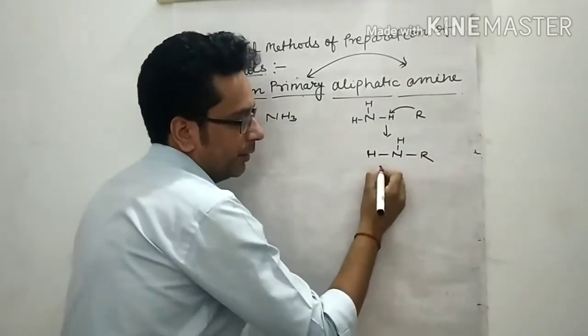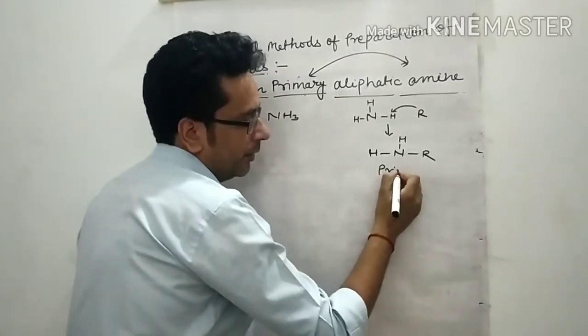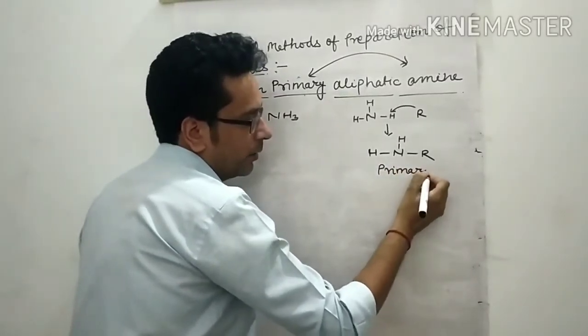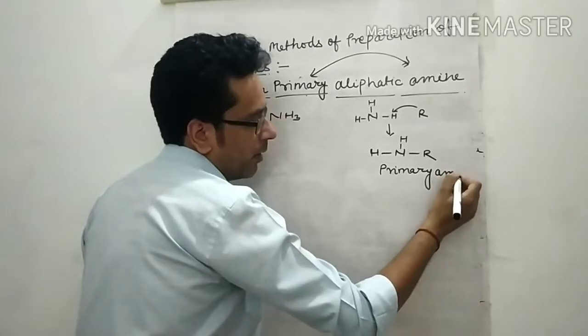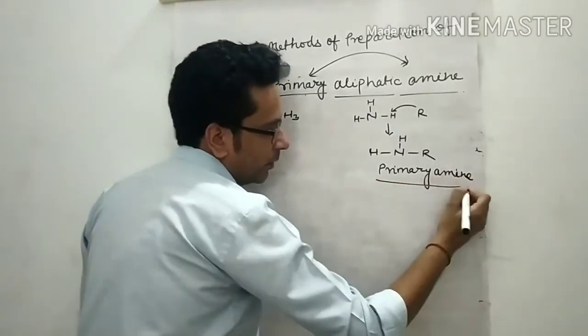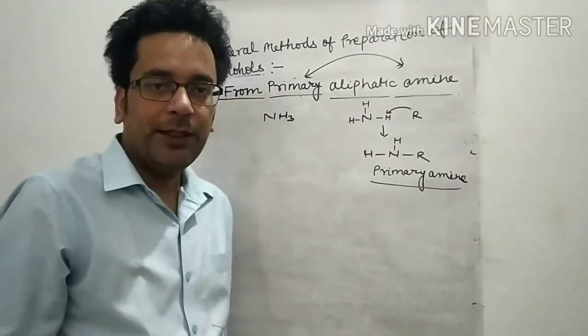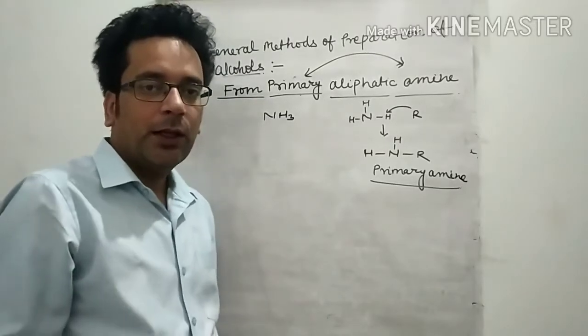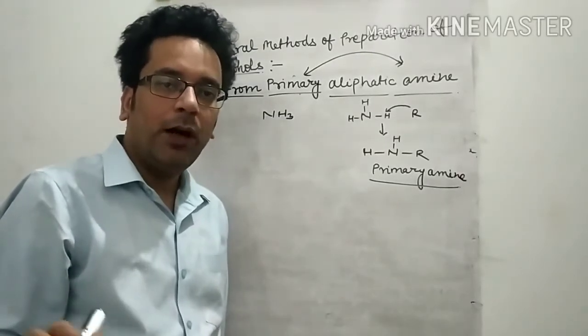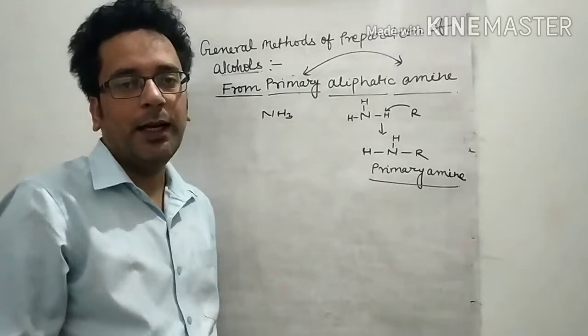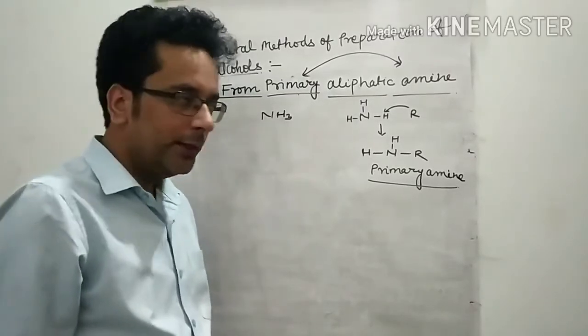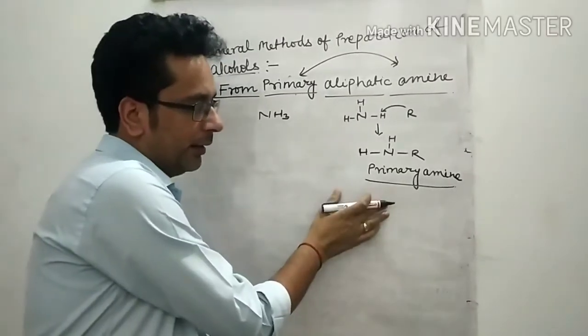This is known as primary amine. Primary amine means that one hydrogen of ammonia is replaced by an alkyl group.